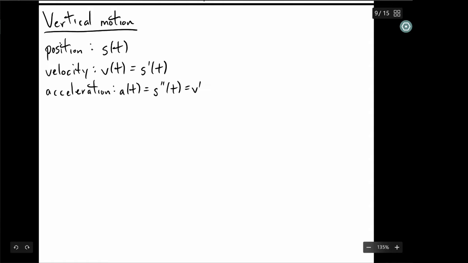So what that means is if I start with acceleration, I can get velocity by taking the indefinite integral of acceleration. I can get position by integrating velocity.